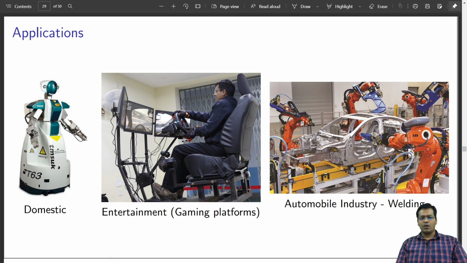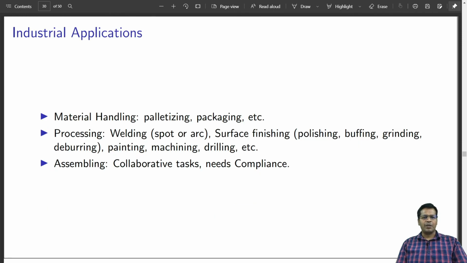It is used in the automobile industry for welding operation, spot welding, painting, polishing, buffing. There are many other tasks. Industrial tasks are many. Normally, palletizing and packaging tasks are very common, known as material handling, processing like welding, surface finishing like polishing, buffing, grinding, deburring, painting operation, machining, drilling.